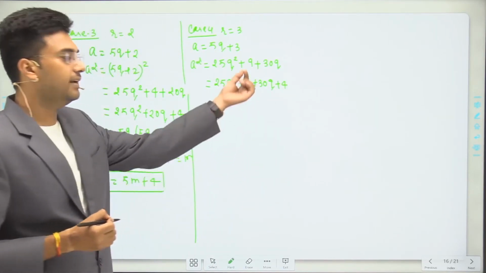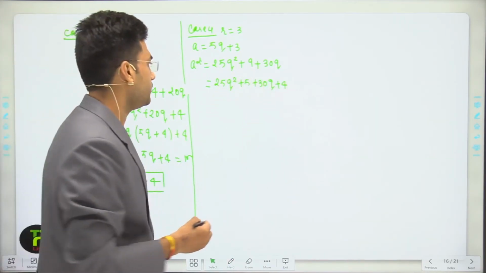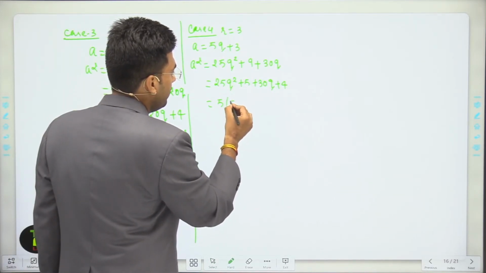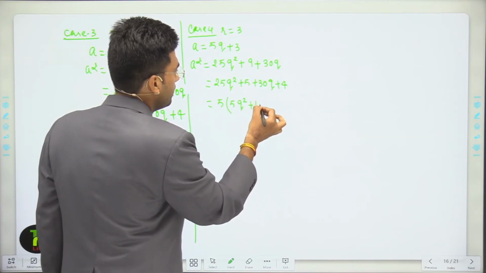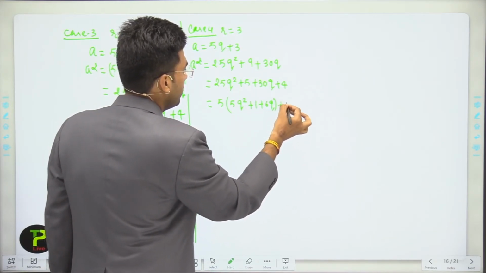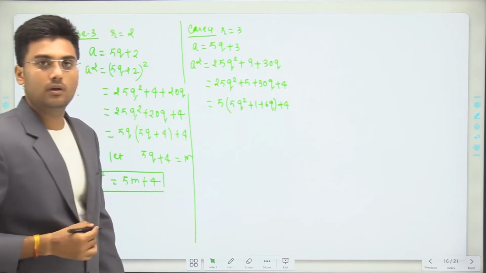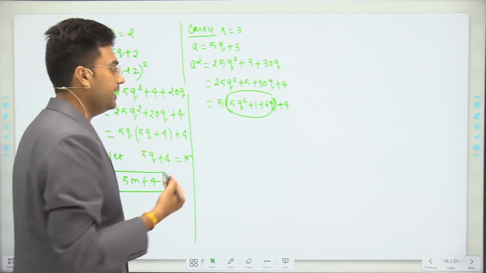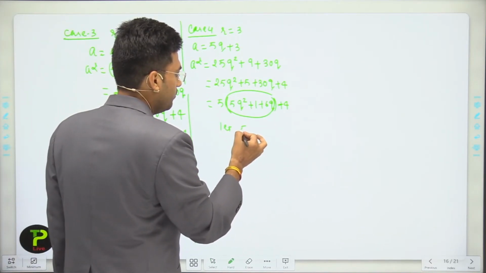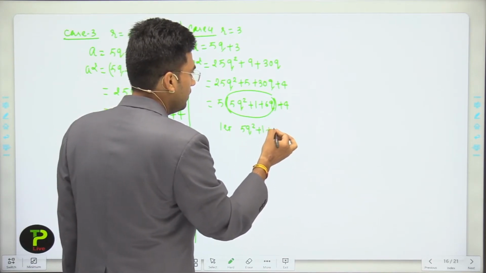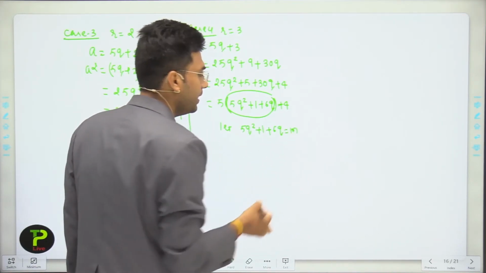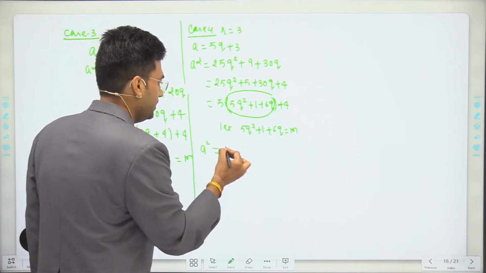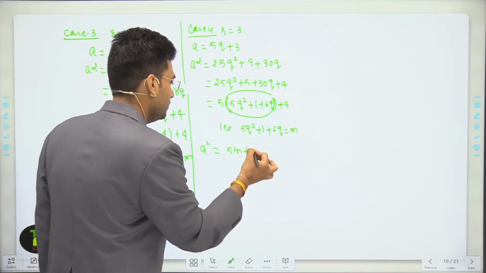We can split 9 into 5 and 4. So now if we take 5 common, then we will get 5 times 5q square plus 1 plus 6q, plus 4. And again this complete term can equal any integer. So let 5q square plus 1 plus 6q be equal to m, and again m is any integer. So a square is 5m plus 4.